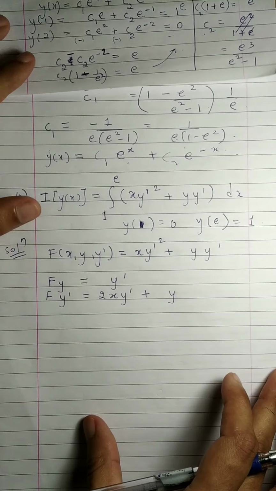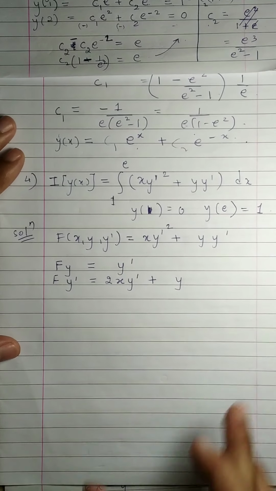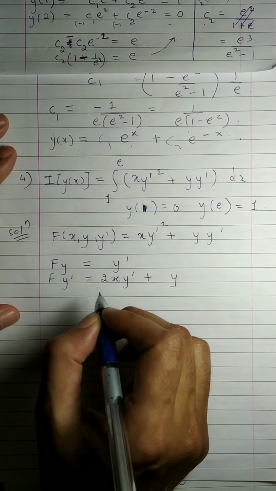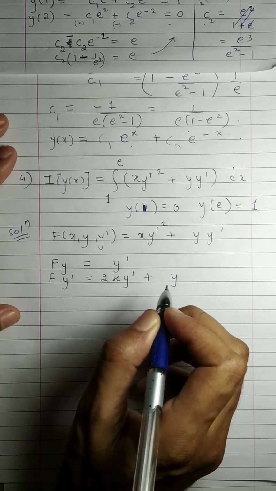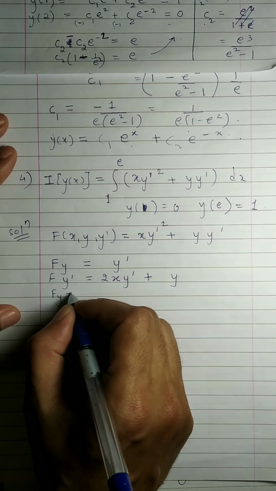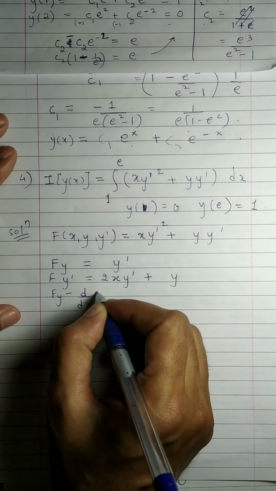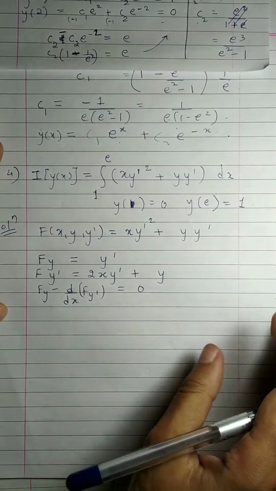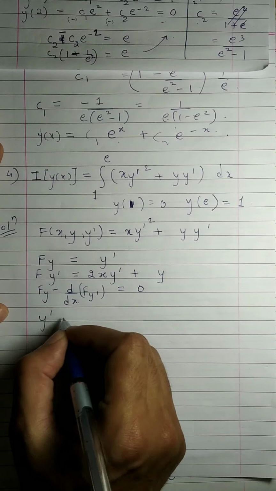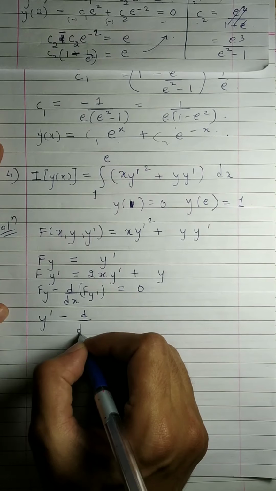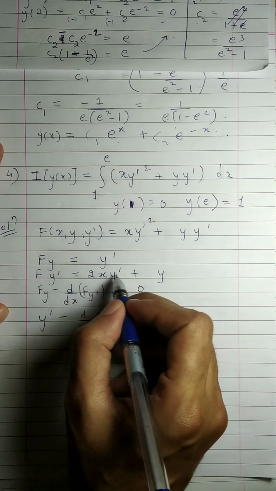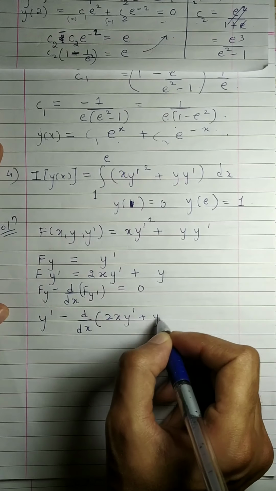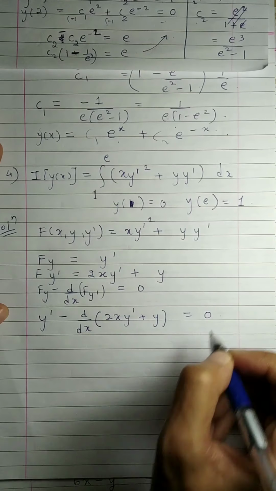Okay, then the Euler-Lagrange differential equation will be given by f_y minus d by dx of f_y dash equal to 0, that is y dash minus d by dx of 2x y dash plus y equal to 0.